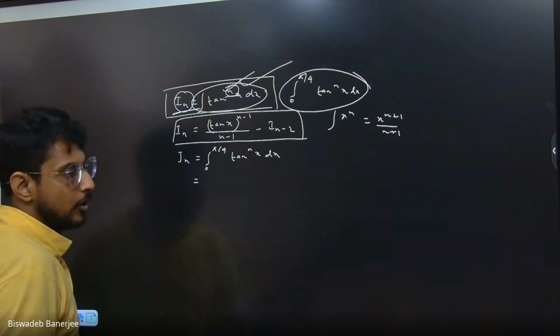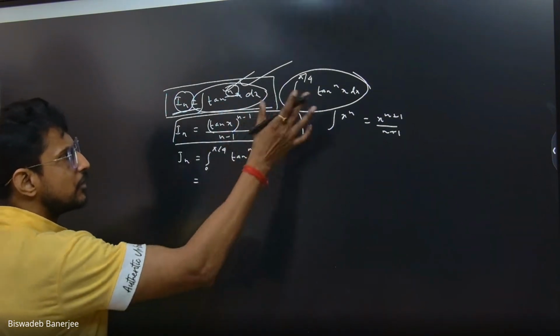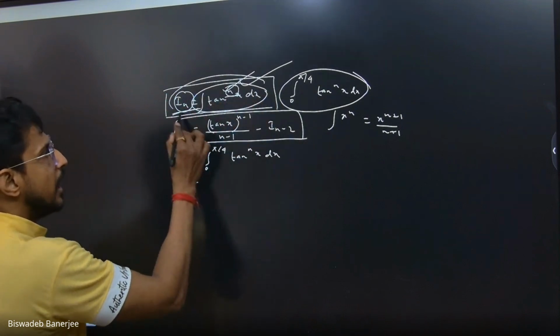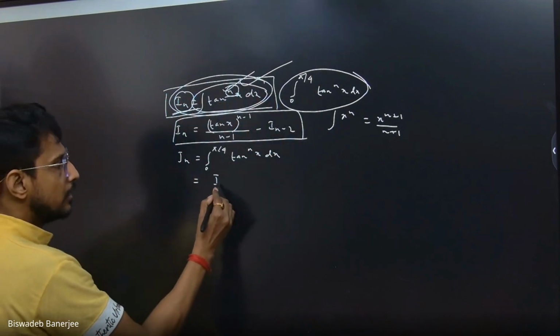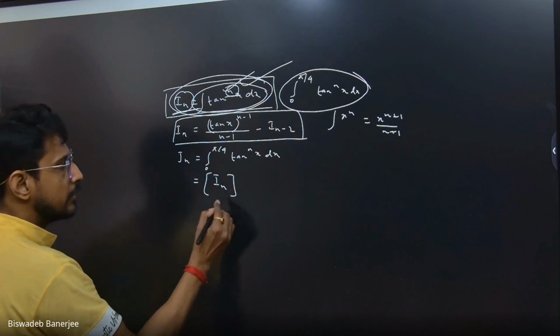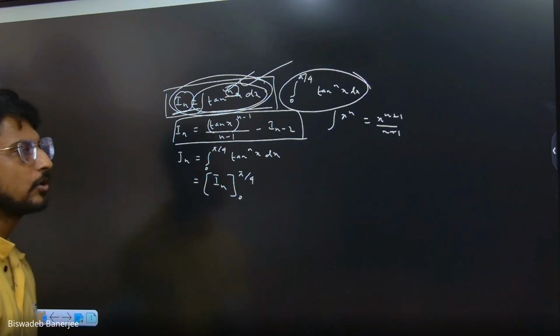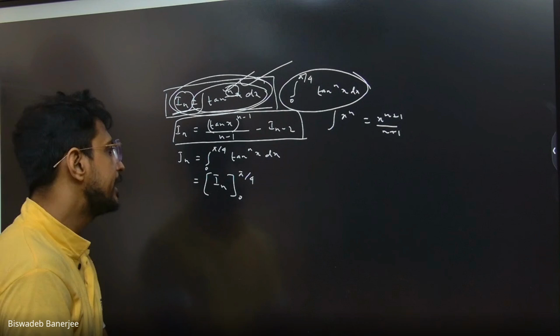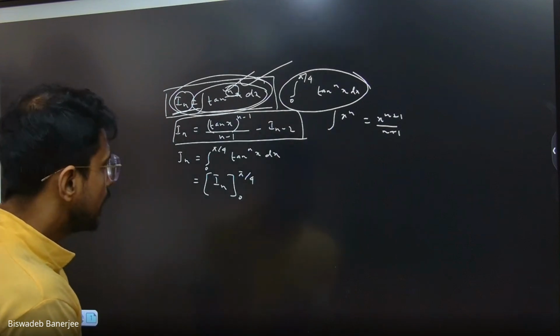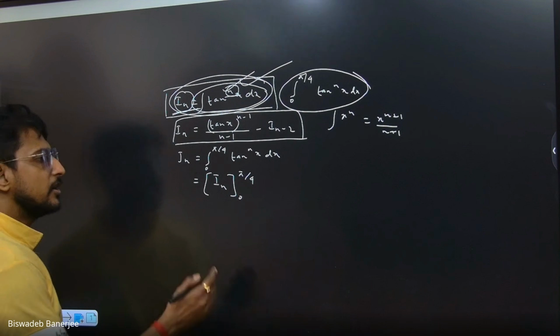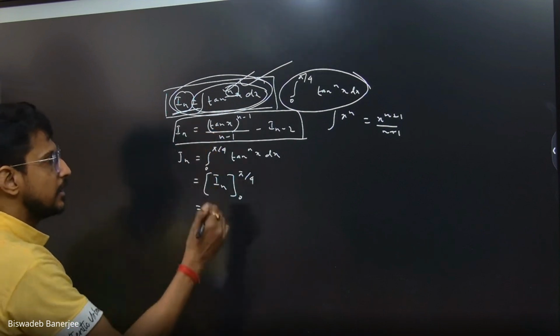And we know, recall, if this is my In, recall the formula. If we put limit on In, we shall get Jn. That means my In is this.